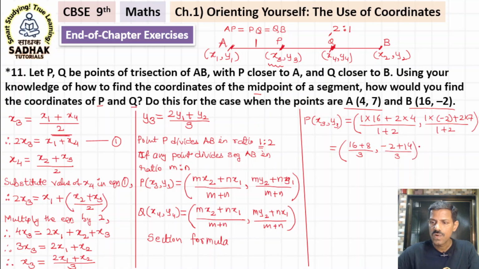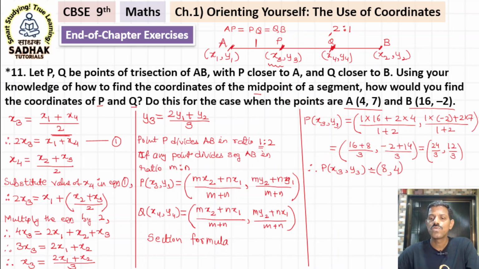So that will be equal to 16 plus 8 is 24, divided by 3, and minus 2 plus 14 is 12, that divided by 3. So the coordinates of point P will be 24 divided by 3 is 8, and 12 divided by 3 is 4.